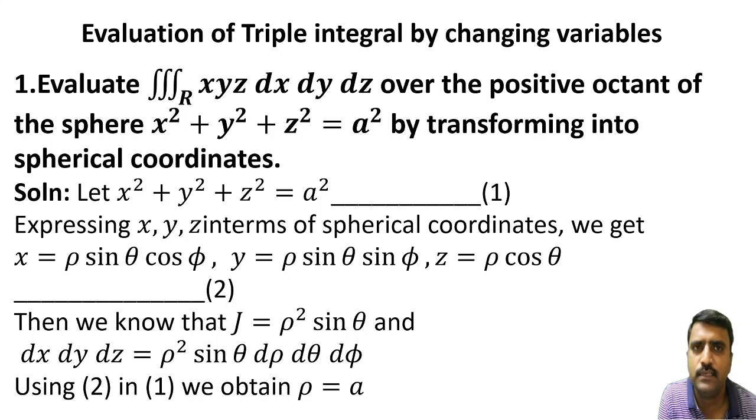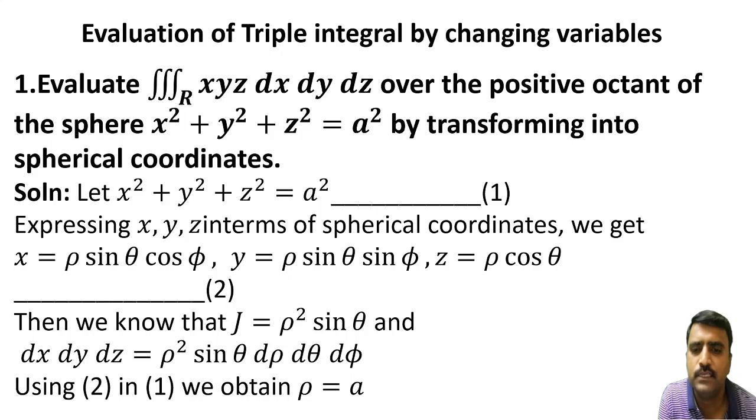We already solved that the Jacobian J is equal to rho square sin theta, and dx dy dz is equal to J into d rho d theta d phi. So that is rho square sin theta d rho d theta d phi. Now use equation 2 in equation 1.